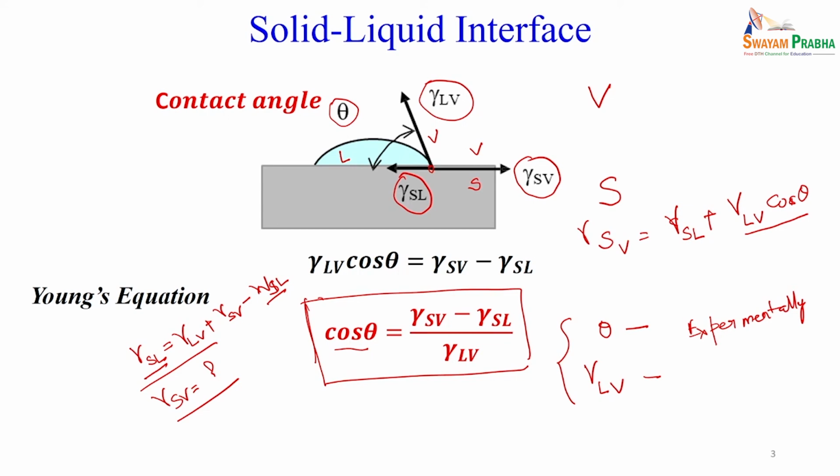So, experimentally we can measure the contact angle, experimentally we can measure the liquid vapor interfacial tension, and all three are related using the Young's equation.